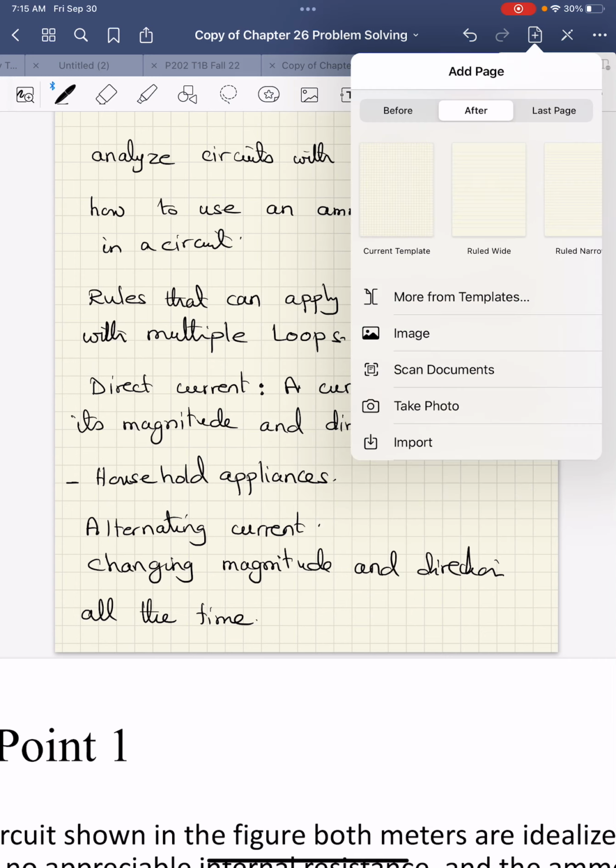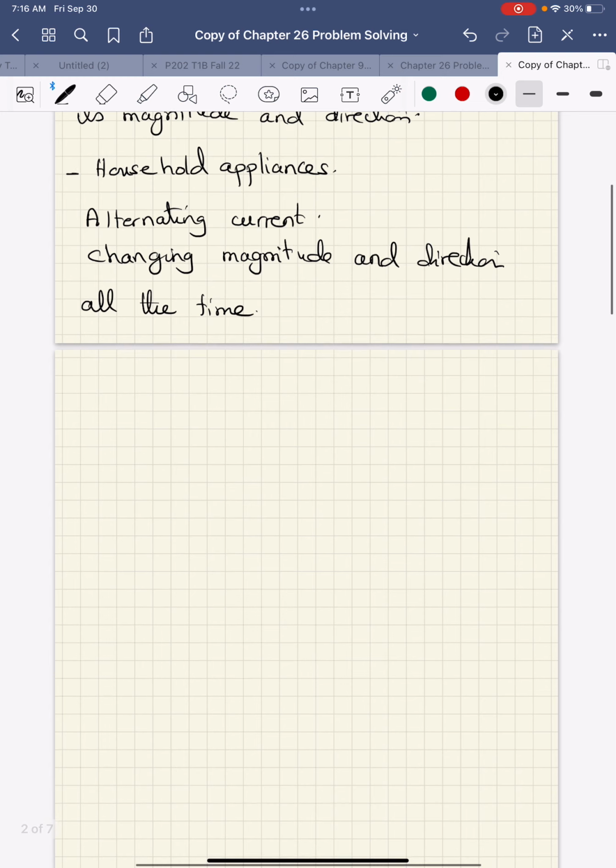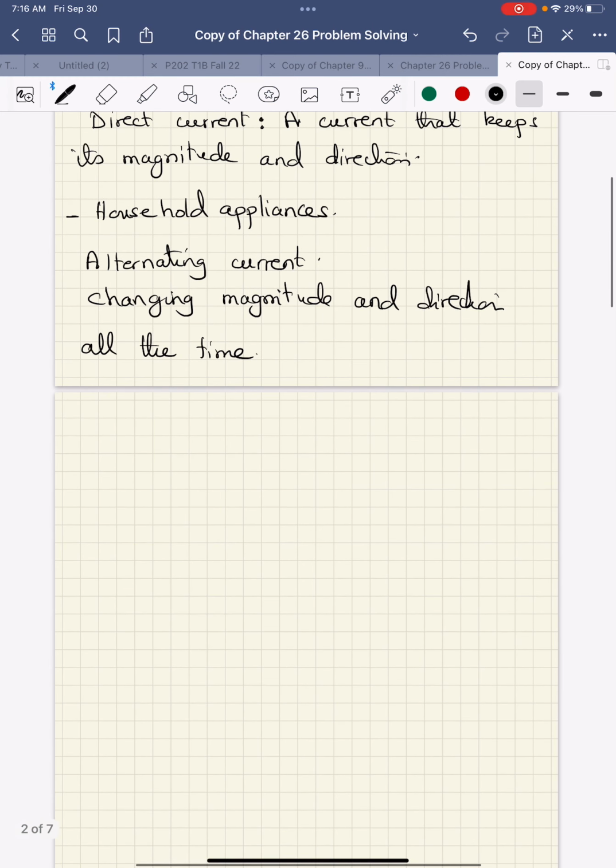This is what we need to pay attention to. The analysis and the principles that we are using will apply to both types of circuits, but now we are just going to introduce DC circuits.